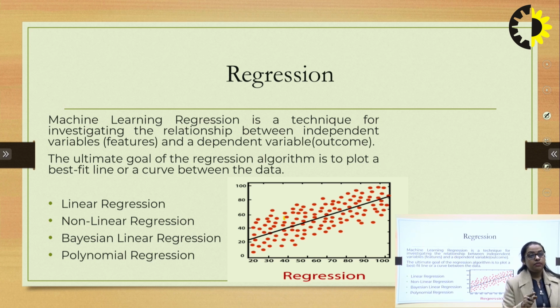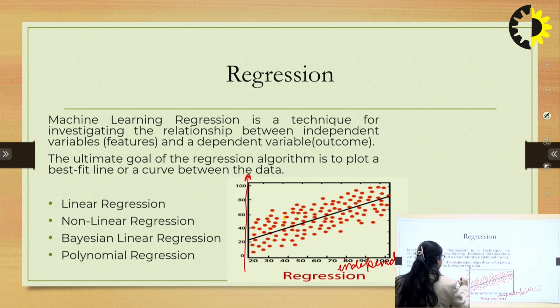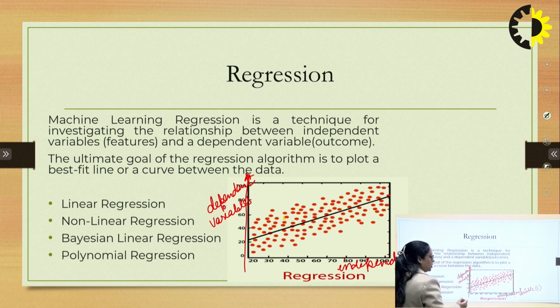Second step will be, we plot all these coordinates. On this plot, the x-axis is representing the independent variables, and the y-axis is representing the dependent variables.